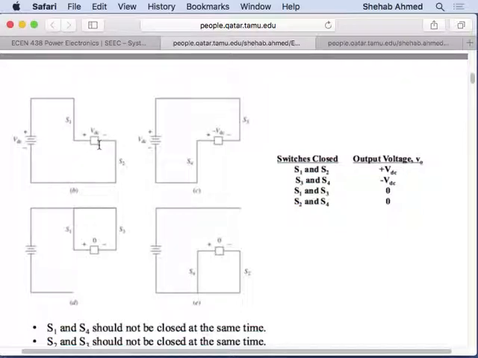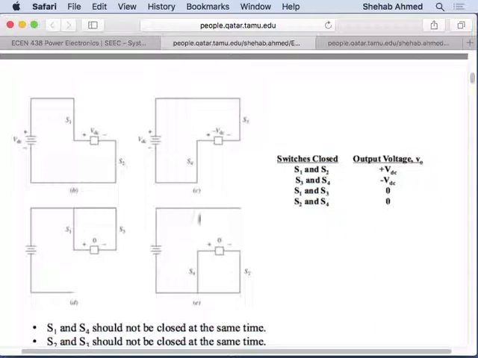But even though S1 and S2 are on, current is bidirectional, right? So since current is bidirectional and only these two switches are on, these two switches should allow current to flow in two directions. So I cannot put a MOSFET by itself, or I cannot put a BJT by itself. I cannot do that, right? Because in that case, I will only have current flowing in one direction, right?